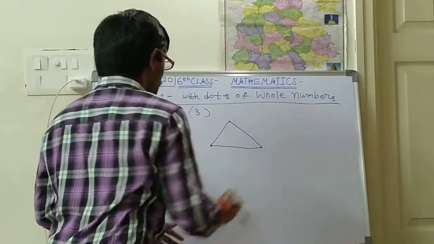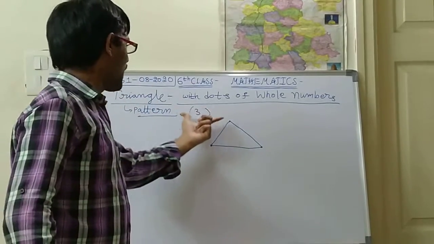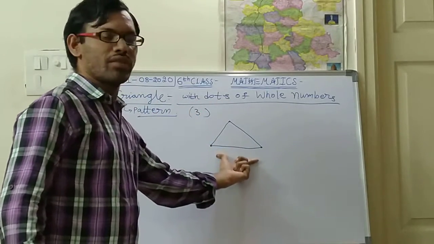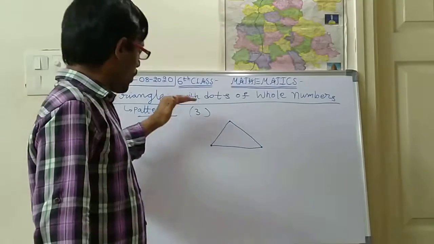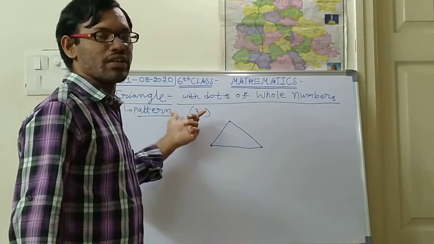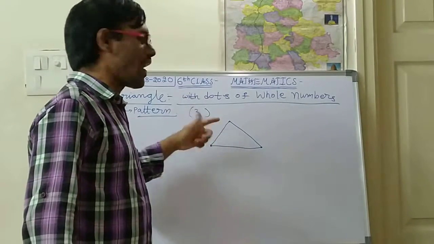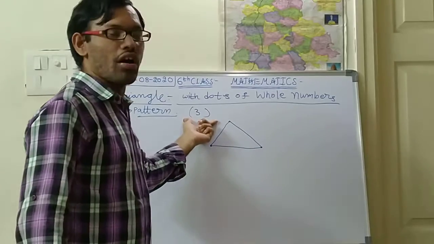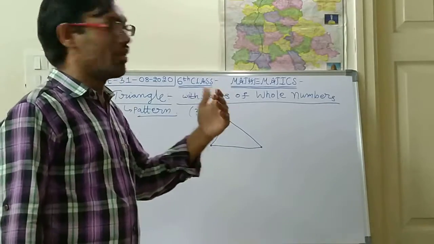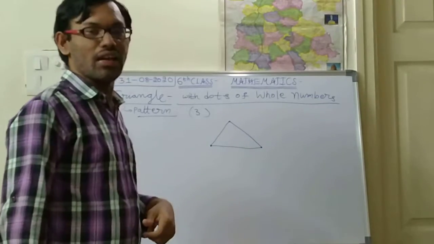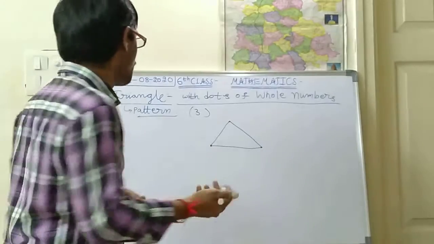What we need here is a triangle with dots; with three dots we can form a triangle. Now, can we increase the number of dots while forming a triangle? Yes, of course we can.